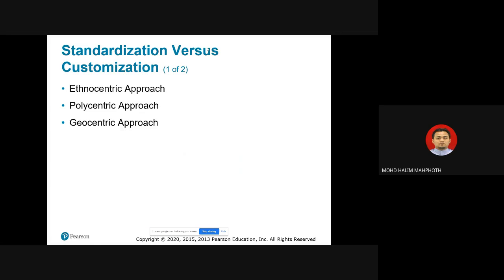Standardization versus customization. We have these three approaches: ethnocentric, polycentric, and geocentric. What are these three approaches?